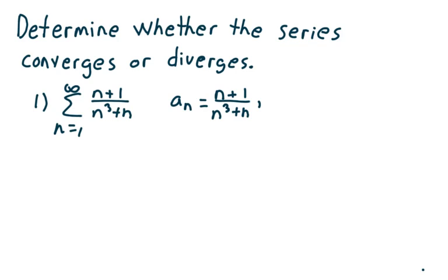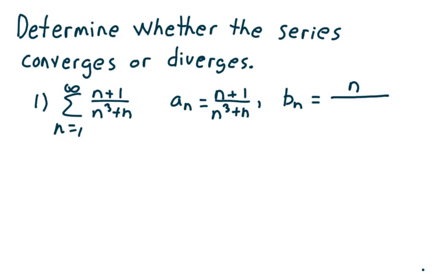So I need a suitable candidate for b sub n. Now, to get b sub n, I'm going to write the following. In the numerator, I'm going to write n. And where do I get that? When I look at a sub n, the term with the highest degree in the numerator is n.